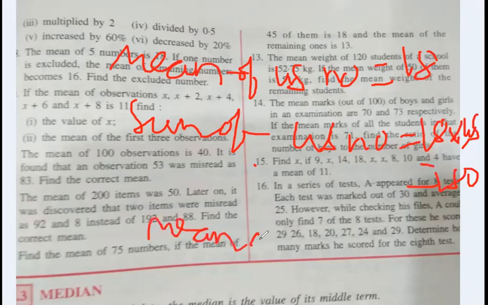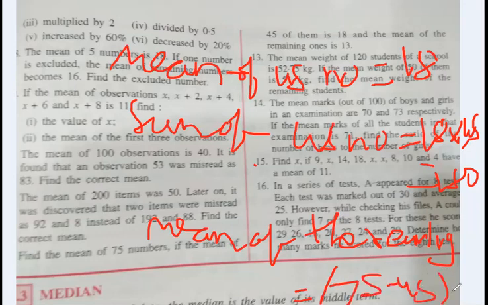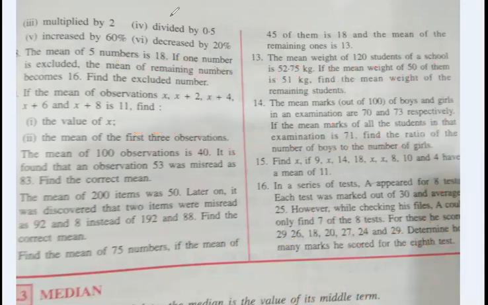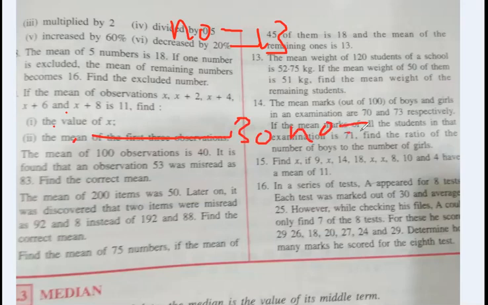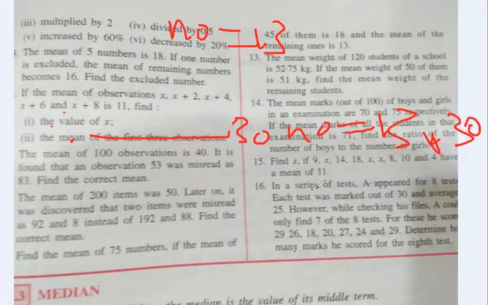Mean of the remaining 75 minus 45 is 30 numbers is equal to 13. Therefore, sum of remaining 30 numbers is equal to 13 into 30 is equal to 390.